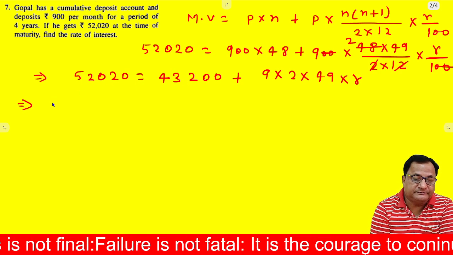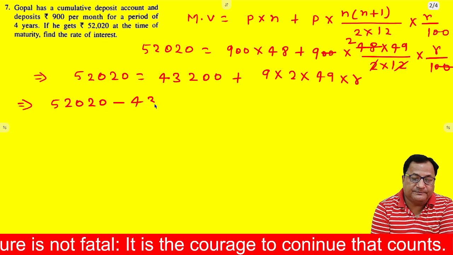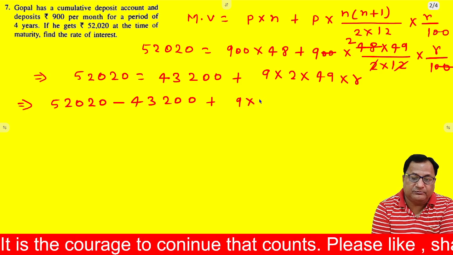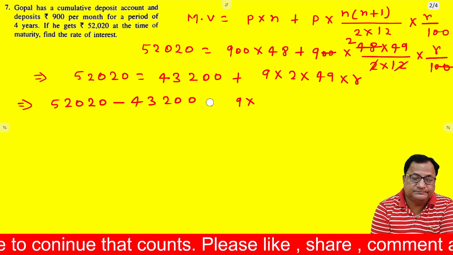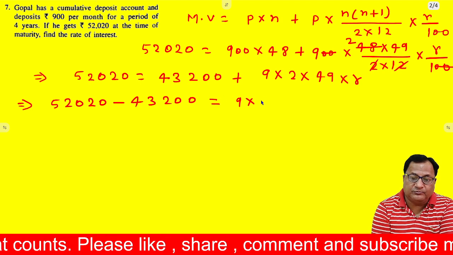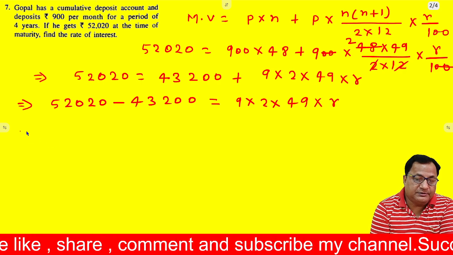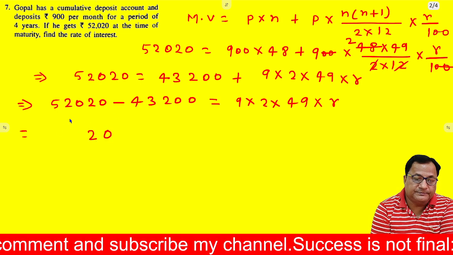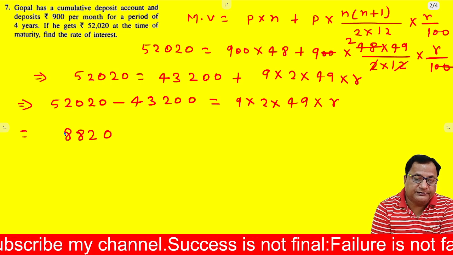We'll bring this side: 52,020 minus 43,200 is equal to 9 into 2 into 49 into R. If we subtract this, we get 8,820.